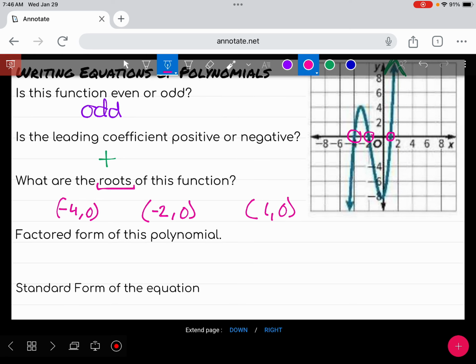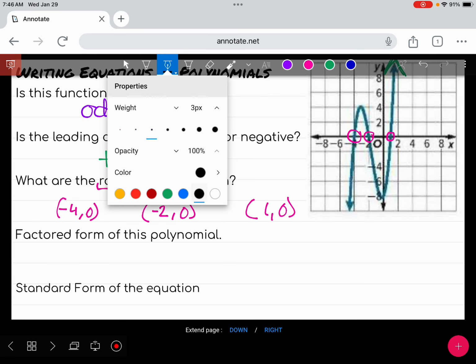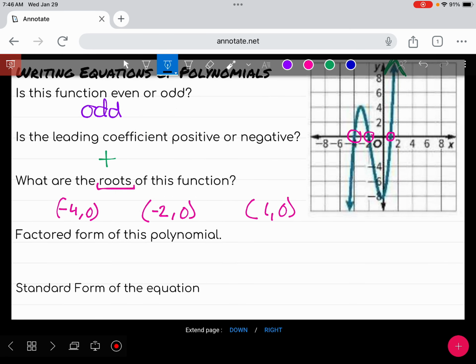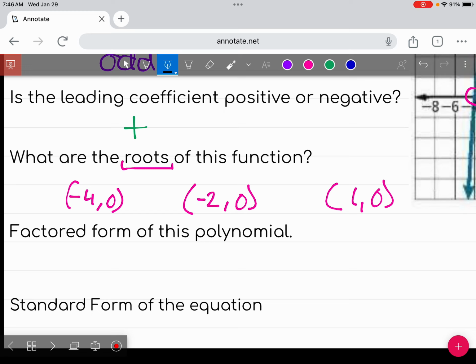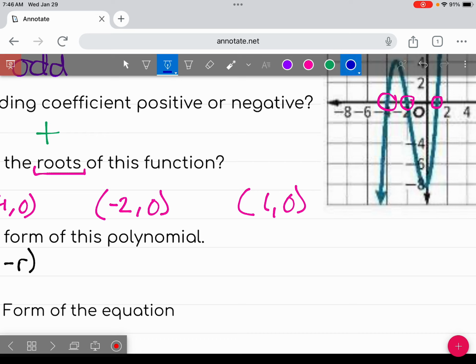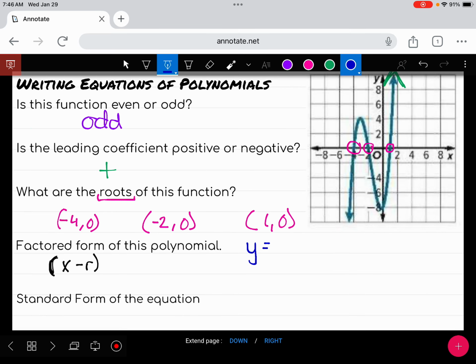That's fantastic. And I kind of wrote the little piece we needed on the last page when we were talking about our roots. Because in order to build our factored form, we're going to take each of those roots and make a factor from it where we have x minus our root. So to build our factored form of this polynomial, I'm going to write it as a y equals.